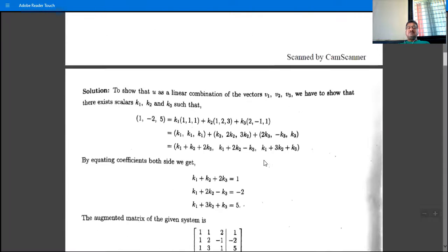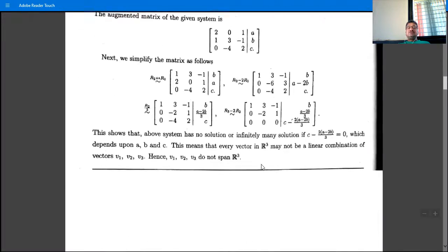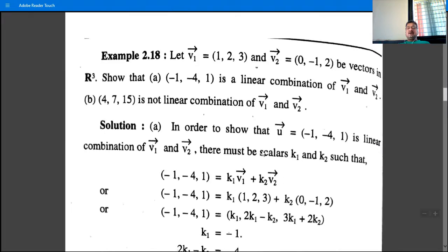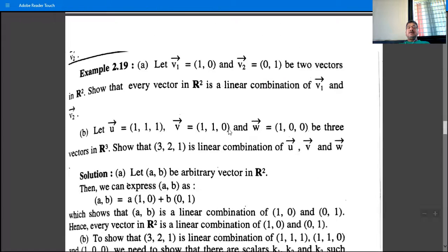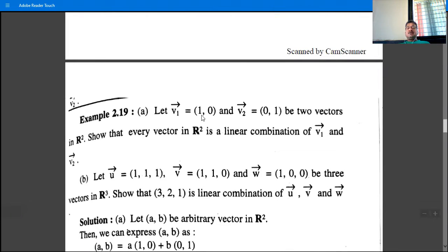So in R2, if we denote the set containing the two vectors (1, 0) and (0, 1) by S, then LS is equal to R2. If we denote these vectors by V1 and V2, and write S equal to the set {V1, V2}, then LS is equal to R2.